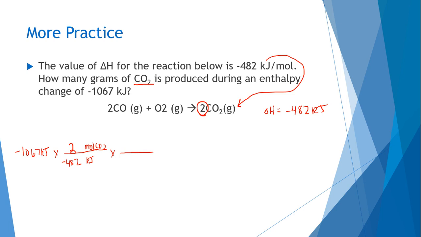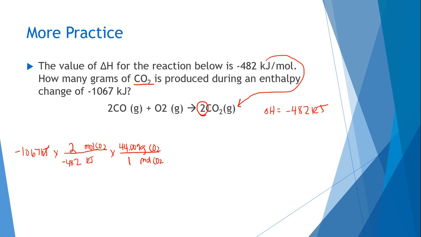Remember, what allows you to go from moles to grams is molar mass. So if I have moles of CO2 and grams of CO2, I can just find that molar mass. That tells me I have 1 carbon and I have 2 oxygen. So if you calculate that, 44.009 grams. Remember, that's always for 1 mole.